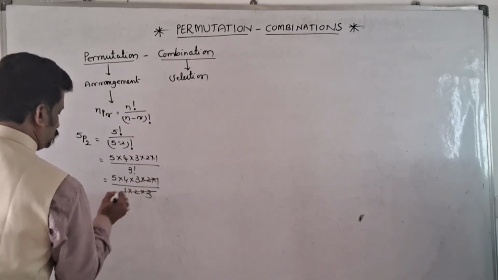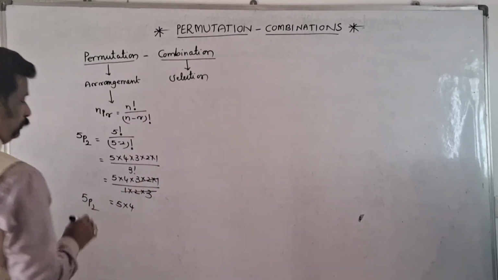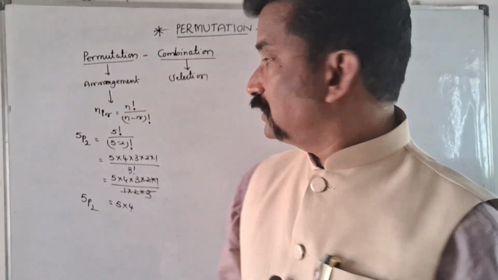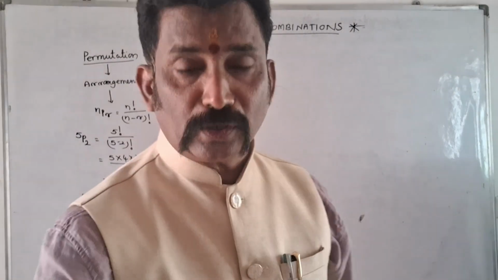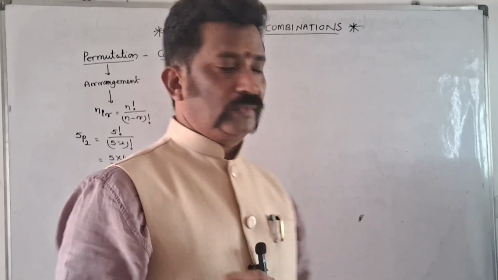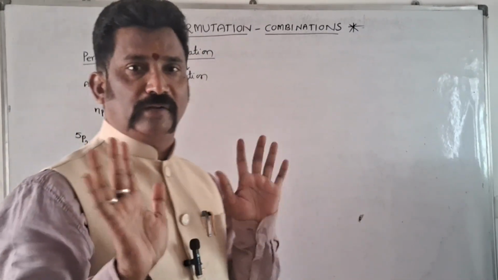This cancels, and we get 5 into 4. This is 5P2. With respect to my notation, 2 is there and 5 is there, so 5 into 4, enough.